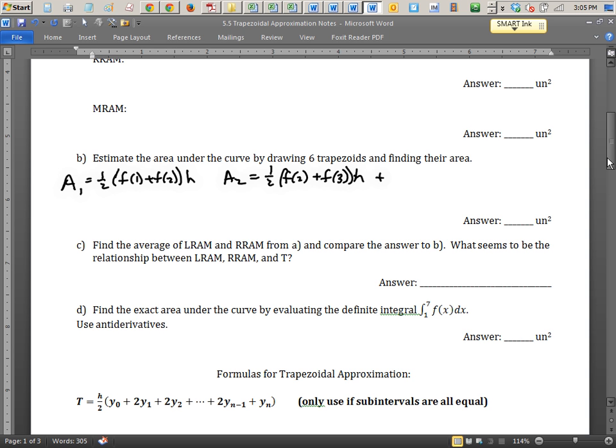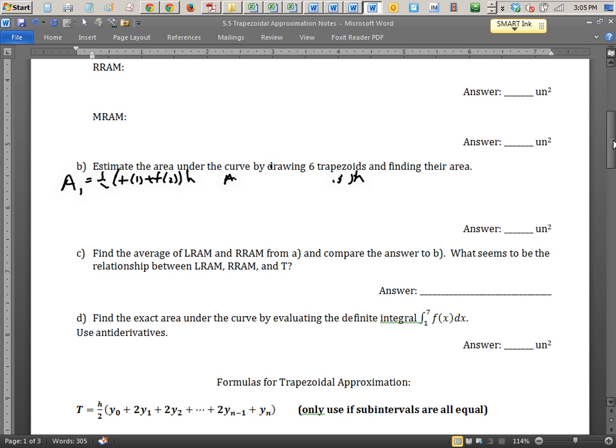And this just goes on and on, one trapezoid after another. Oh, that got erased. That's okay. Let's keep working. So the total area using the trapezoidal method, if you wanted all of it, you'd have to add up all those trapezoids together.